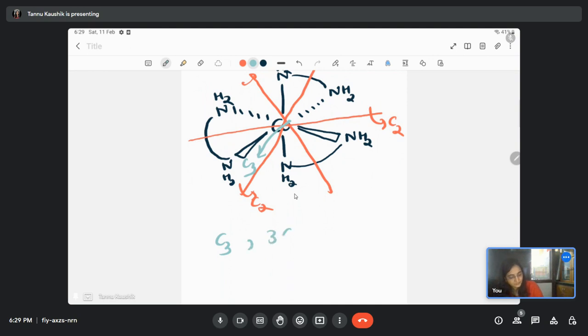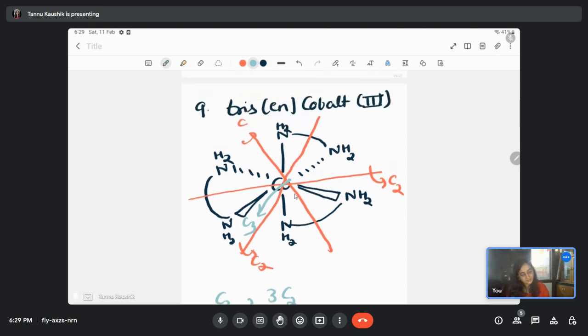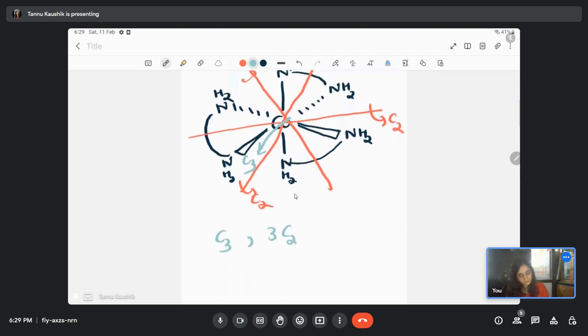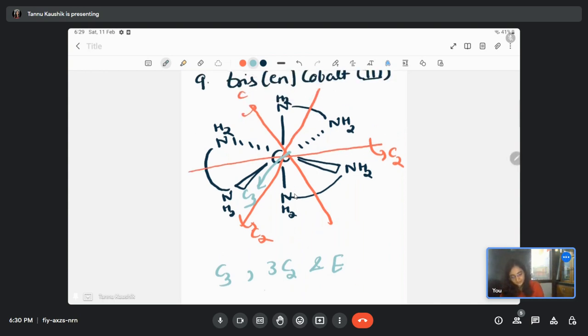So here we have a C3 axis of rotation, 3 C2 axes of rotation, and the identity operation. So the order is 5 here.